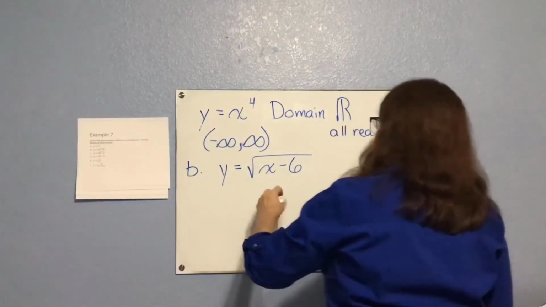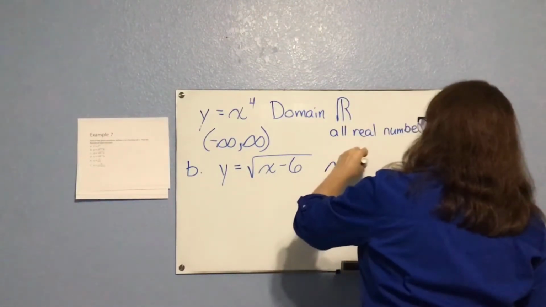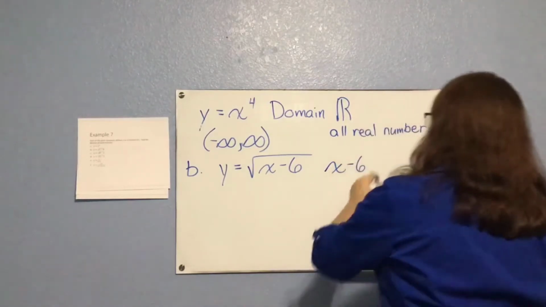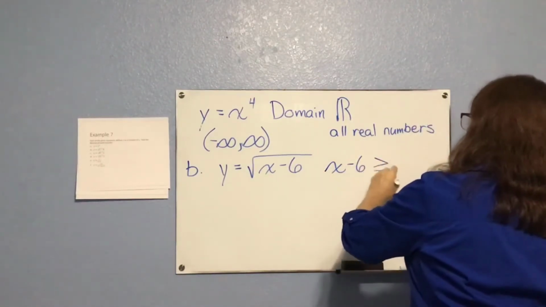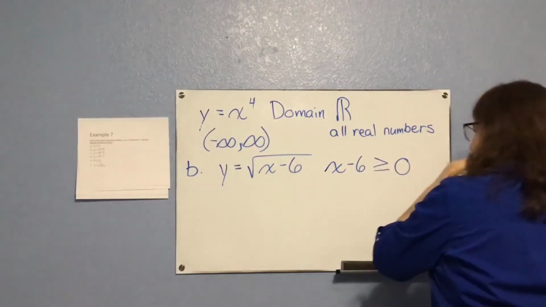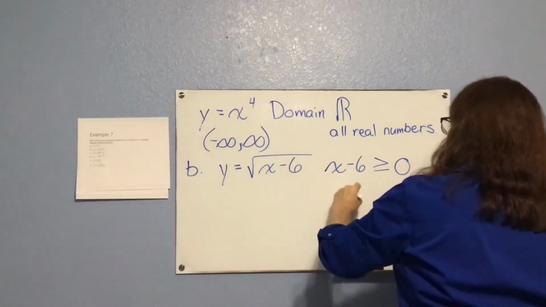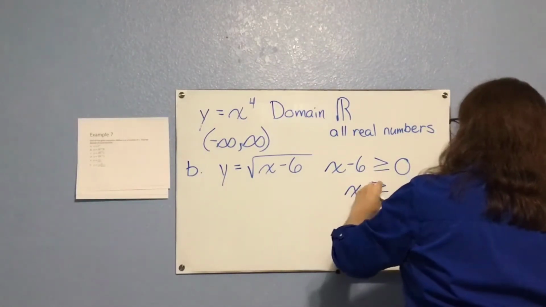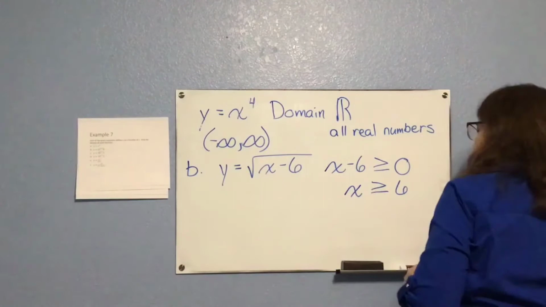So let's say that x minus 6 has to be greater than or equal to 0, which means that x has to be greater than or equal to 6.